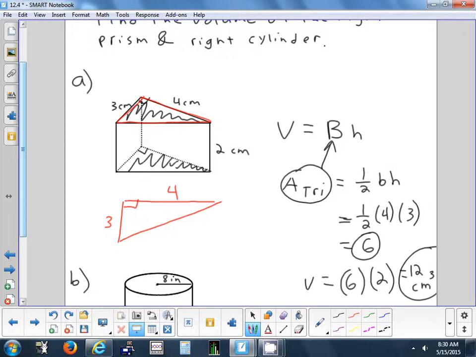Any questions on how we did that? Sometimes if it's helpful, take your base and draw it separate, so you don't have to look at it as part of the picture, and try to draw it the way it would look if you were looking at it straight on, not from an angle. That's why they'll always mark it as a 90, because it's not going to look like a 90 with the perspective.